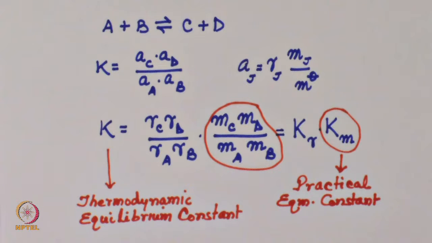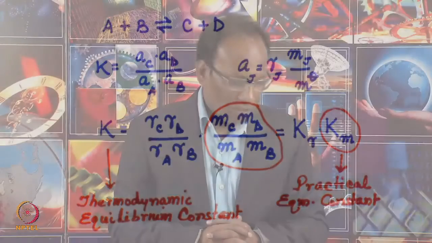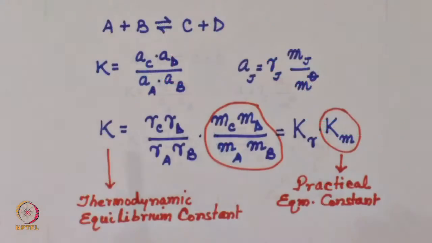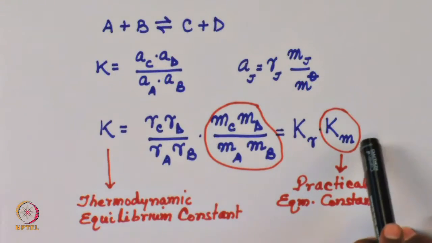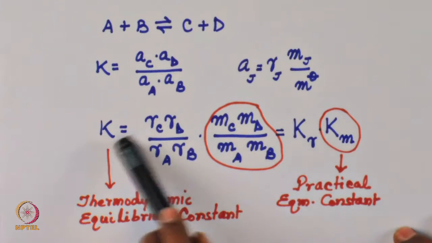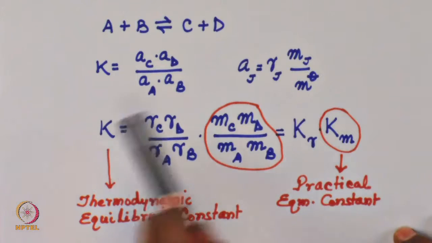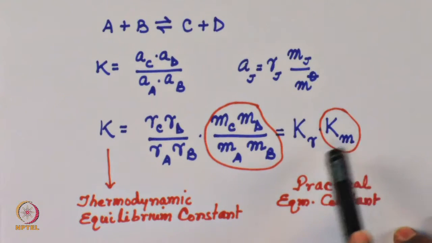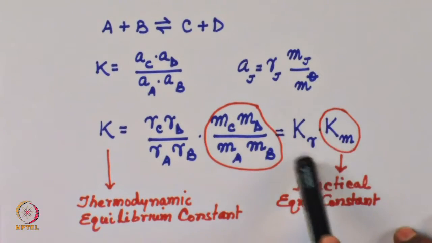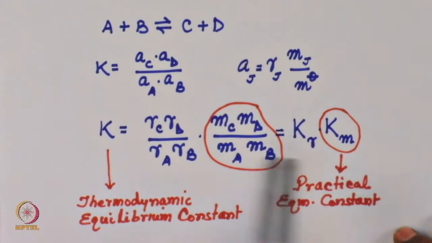And the K that is used in delta G naught equals minus RT log K is actually the thermodynamic equilibrium constant. So, the question is how to recover this thermodynamic equilibrium constant from practical equilibrium constant, and that can be converted from practical equilibrium constant if we know this ratio of activity coefficients.